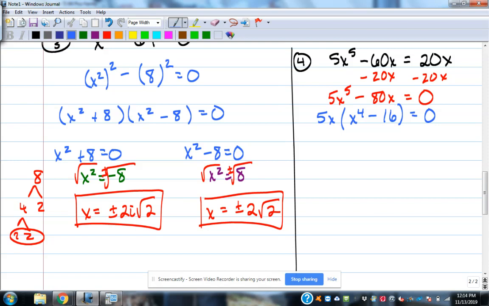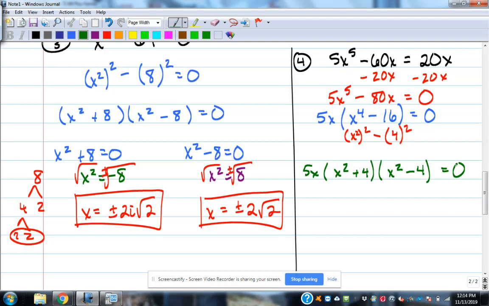Will either of those factor further? Yeah, the x to the 4th minus 16 is a what? Difference of squares. So that's x squared squared, and 16 is 4 squared, right? So we're going to have 5x, x squared plus 4, x squared minus 4.